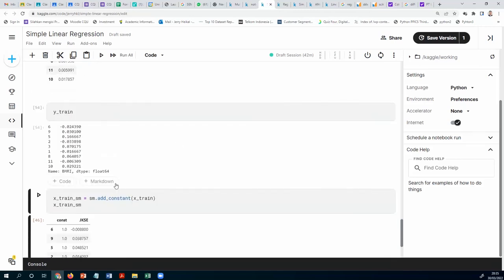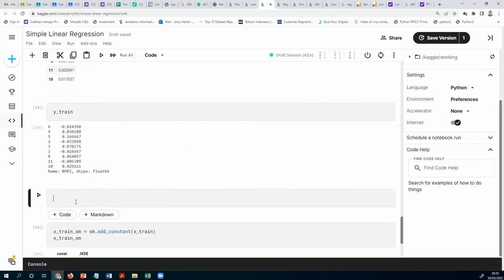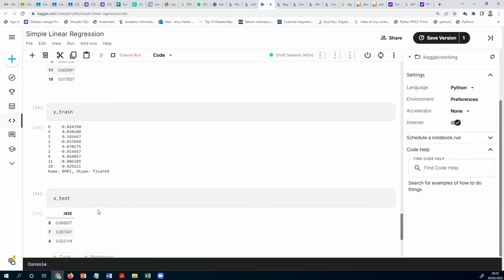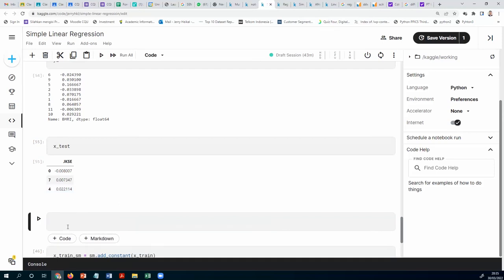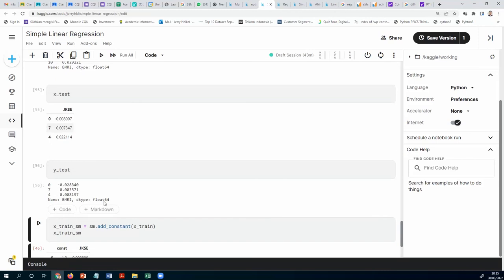What is the X_test data? This one, 3 data. And the y_test is also 3 data. So we separate the data into training data and testing data.